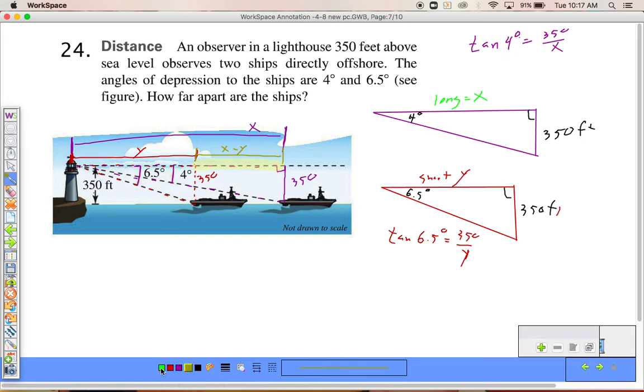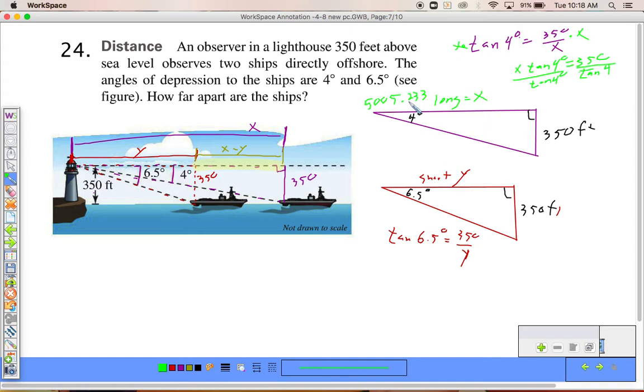To solve the top one, I'm going to multiply by x and divide by the tangent of 4. And I get 5,005.233. And I'm going to remember that number, and I'm not going to get rid of it on Desmos or on my calculator. I'm going to leave it.